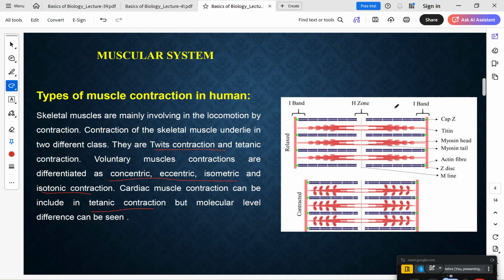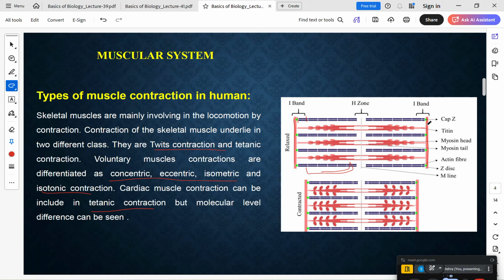The skeletal muscles look something like this. So this is an I band, which is rich in actin molecules only. This is the M line or the middle line. There is an H zone which is rich in myosin but no actin, and there is a Z disc wherein the actin and myosin filaments are connected, and there are these regions wherein the actin can bind to the myosin molecules.